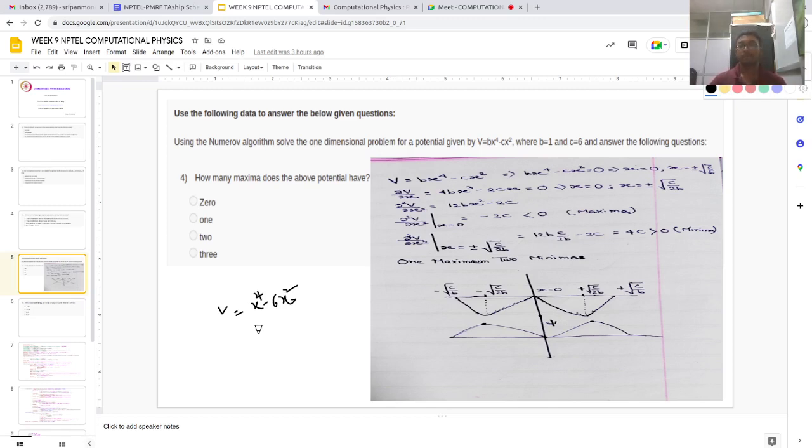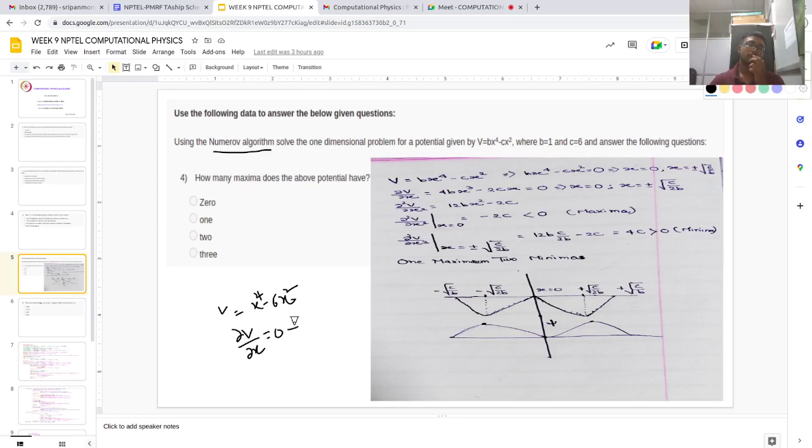Basically you don't need a Numerov algorithm for this particular thing. This is simply a basic thing. The first thing we can do is calculate the first derivative of V with respect to x, and equate it to 0.